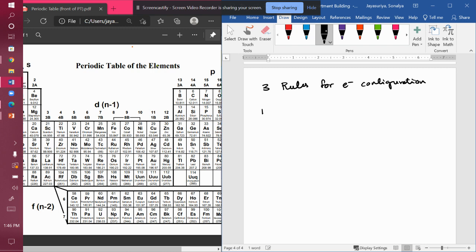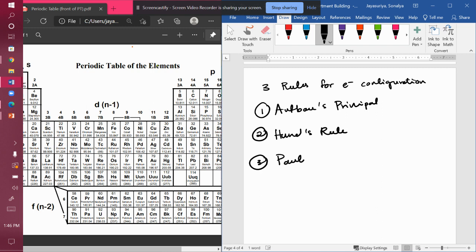The first rule is Aufbau's rule. The second rule is called Hund's rule, and the third rule is the Pauli exclusion principle.